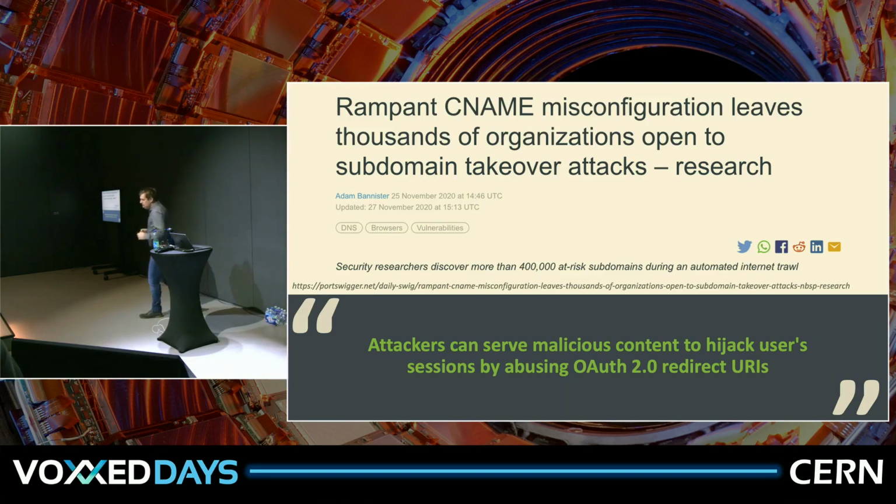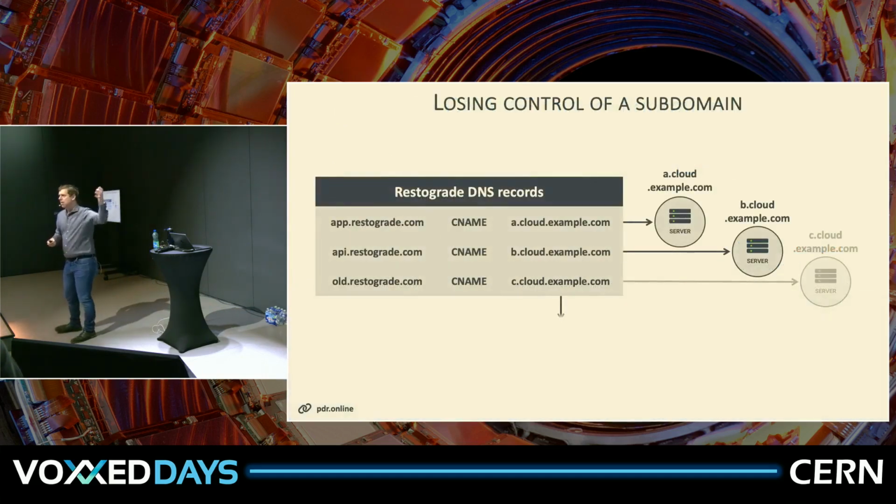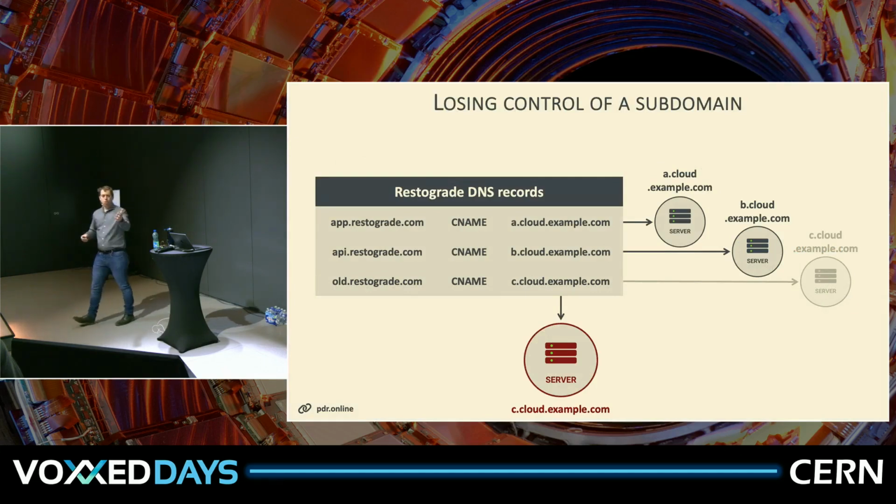And it turns out that the internet is full of these dangling DNS pointers, something you've used in the past, and then you destroyed the actual property, like old.restograde.com no longer exists, and the attacker will find that DNS entry somewhere, and it's like, oh, this points to there.